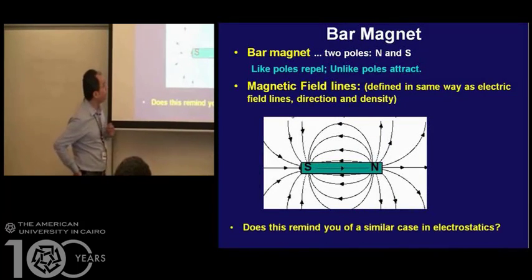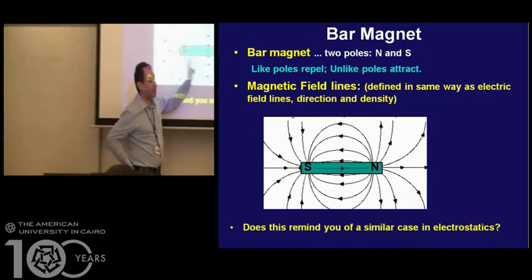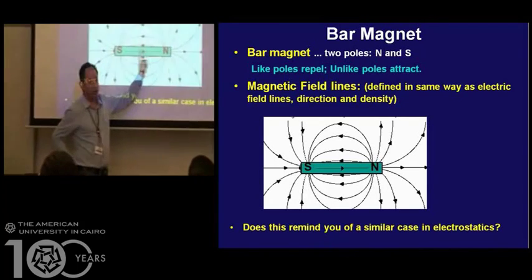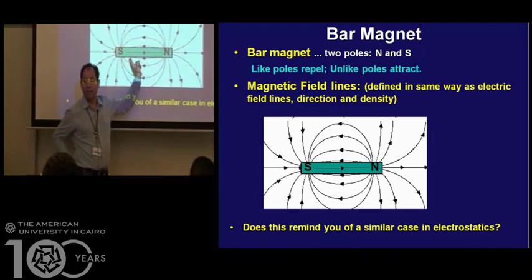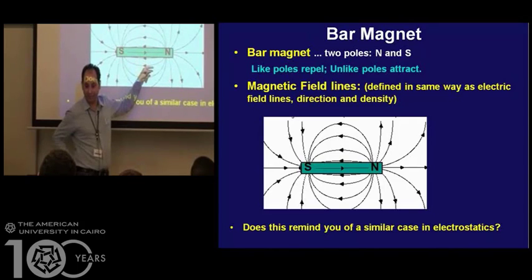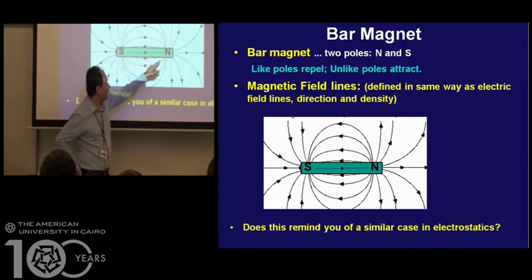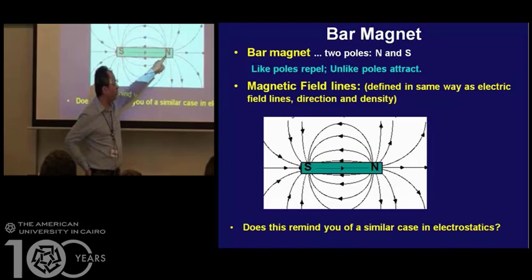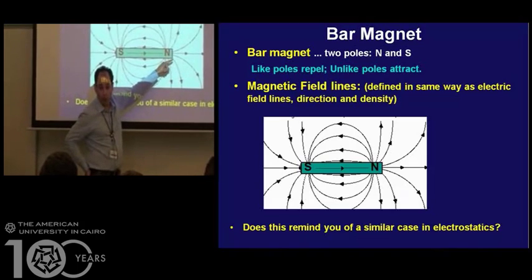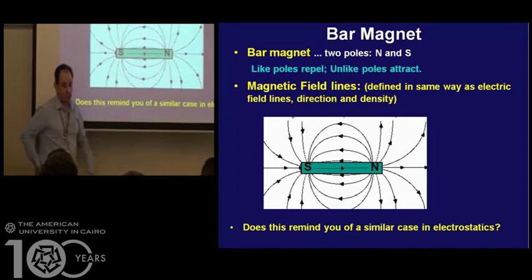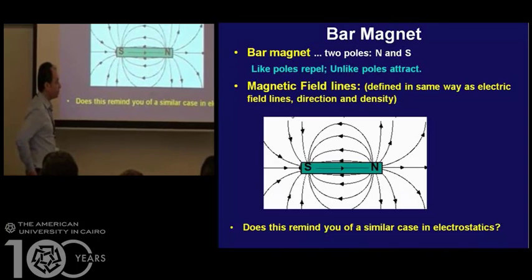If we look at any magnet, and tomorrow I'll show you a real demonstration of the magnetic field, any magnet will have two poles, one that will point to the north pole of Earth, and the other one will point to the south pole of the Earth. That's why we call them north and south.